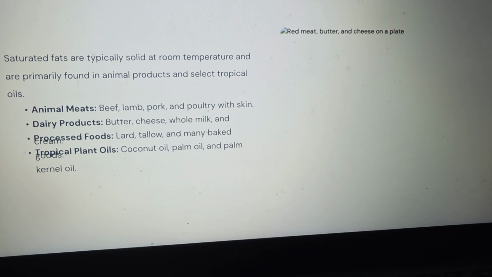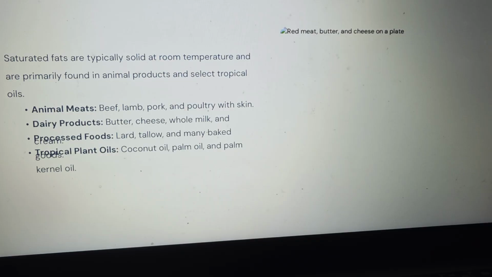On the other hand, most processed foods carry saturated fat, and in most cases the manufacturers hide the presence of saturated fat, so we need to be careful. Some products like lard, tallow, and many baked products contain saturated fat.